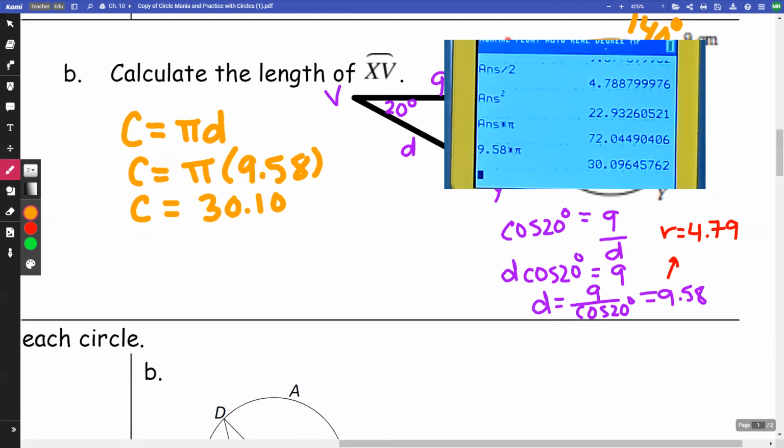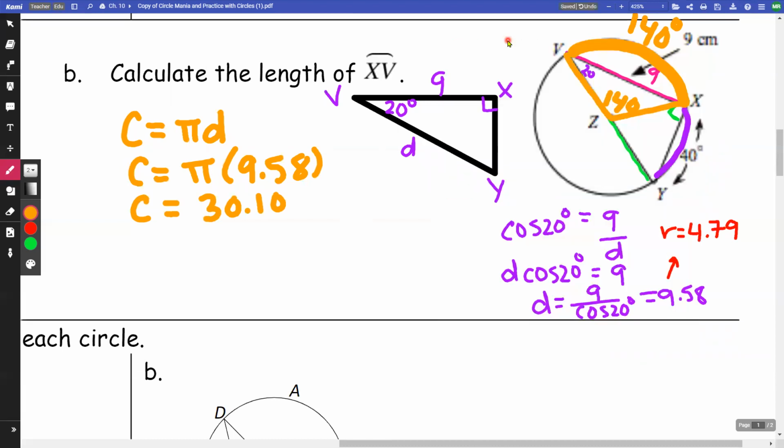I do not have this whole entire thing. I have a portion of it. I have 140 out of 360 degrees times 30.10. I'm going to put that into my calculator.